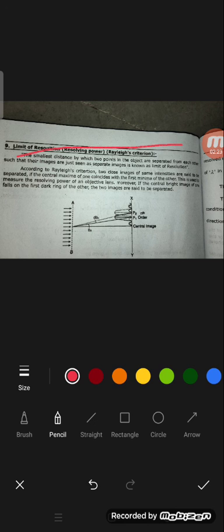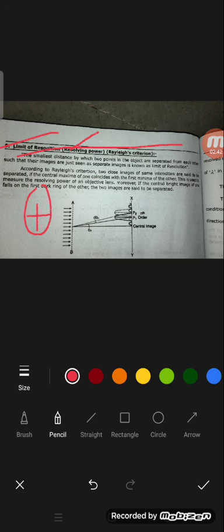This means the limit of resolution, or the resolving power, is the smallest distance. Let us consider an object. So what is the limit of resolution of the object? It is the smallest distance between the two points in the object separated from each other.